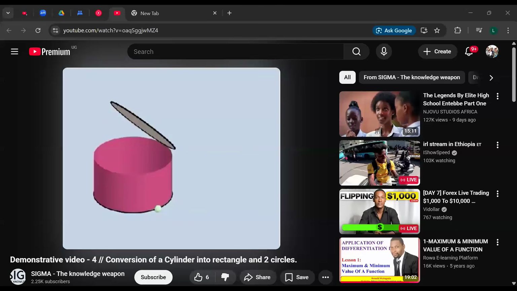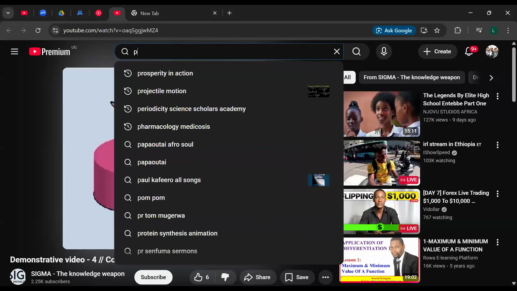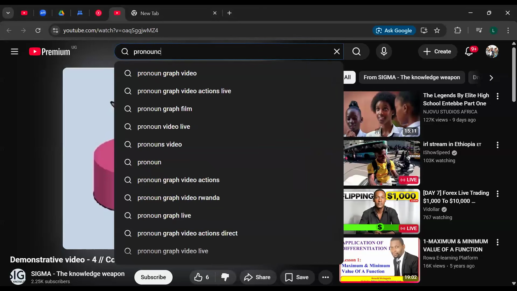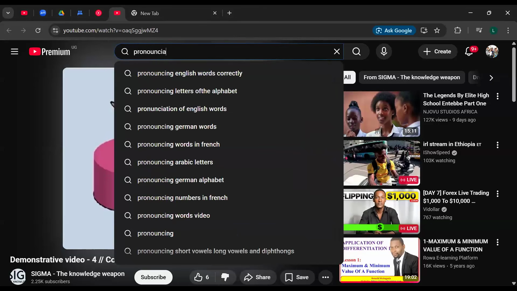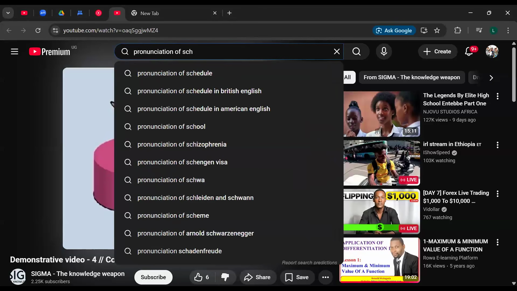Let me hope people can see my screen. I think this was the other time when we were watching the mathematics. So what are we asking? Pronunciation of Schwann. How do you put everything on the internet? Everything is there. Before I even complete it, I know they will bring it.